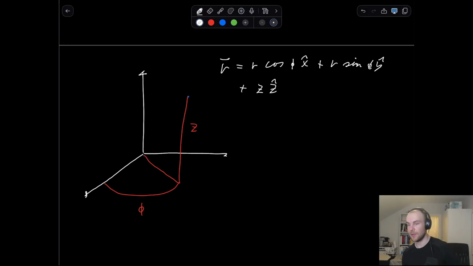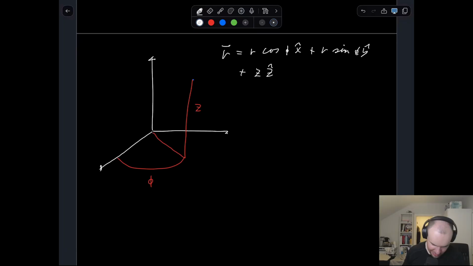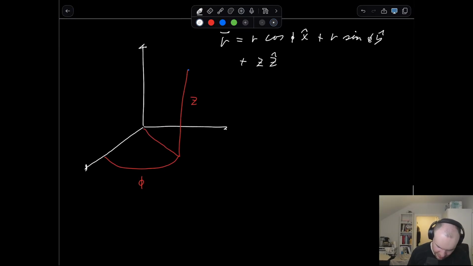Pretty easy. Okay, so what we can do, which is a little bit more complicated, is look at how we can find all the unit vectors for the cylindrical coordinate system. The unit vector along r would be r hat. Around the plane would be phi hat, and up would be z hat.